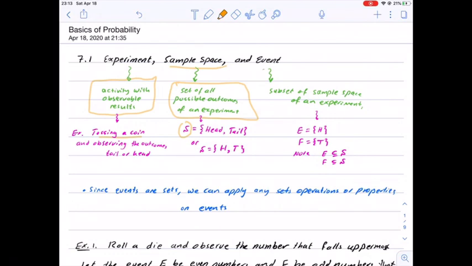So S is written as a set. It's a set, actually. So we write it as this set for this example that consists of two outcomes, head or tail.